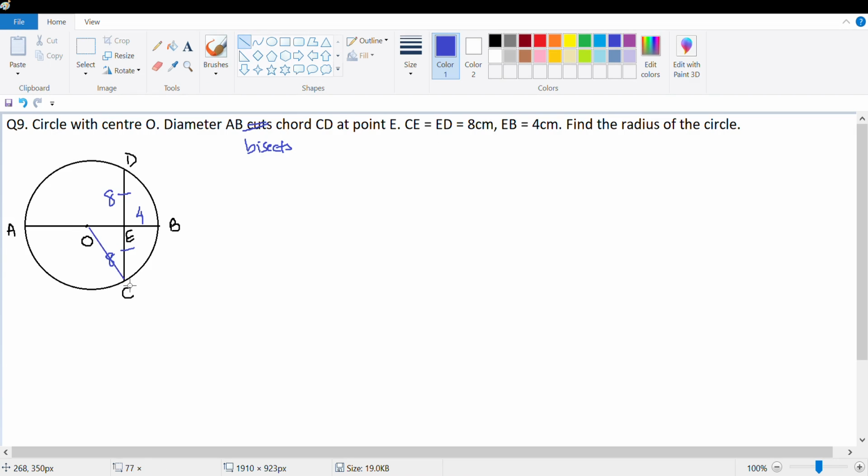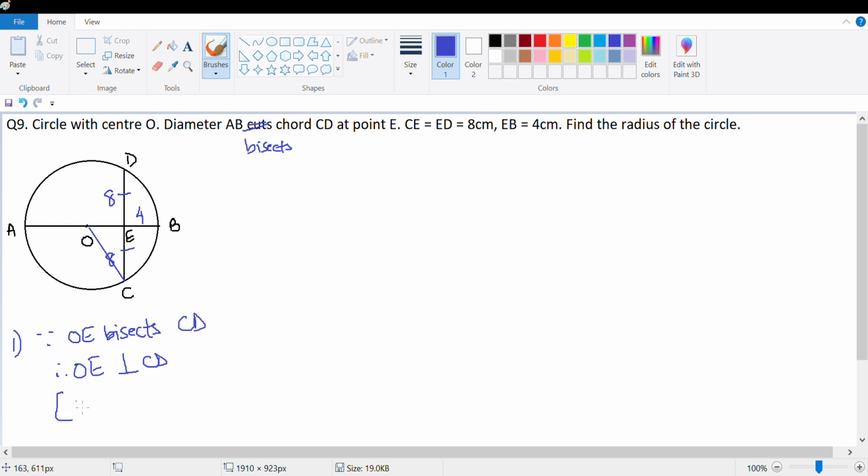Let's just join OC, and I need to figure out the radius. So let's again see what is given. Since OE bisects CD, therefore OE is perpendicular to CD.